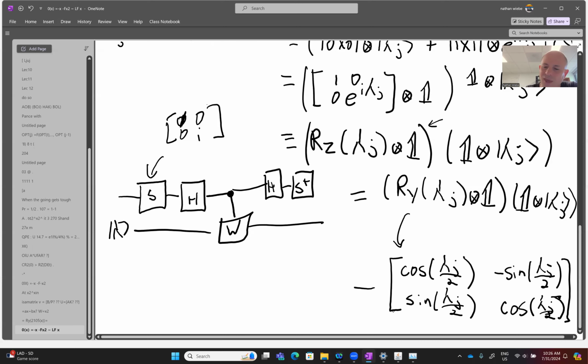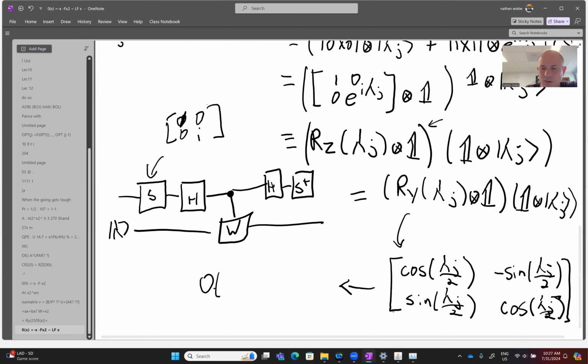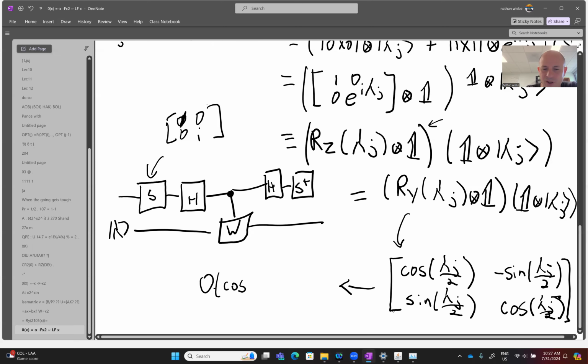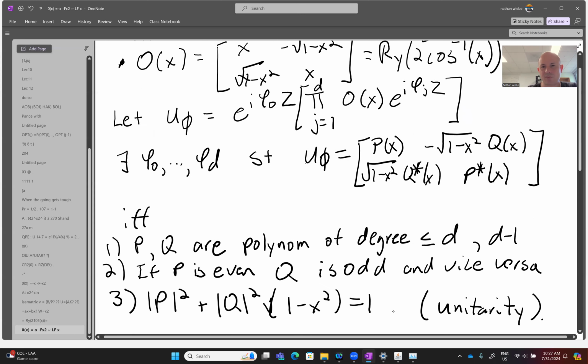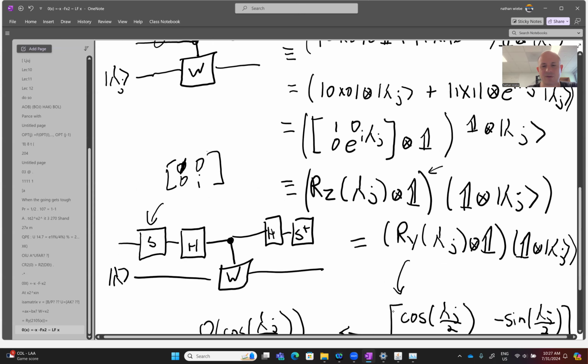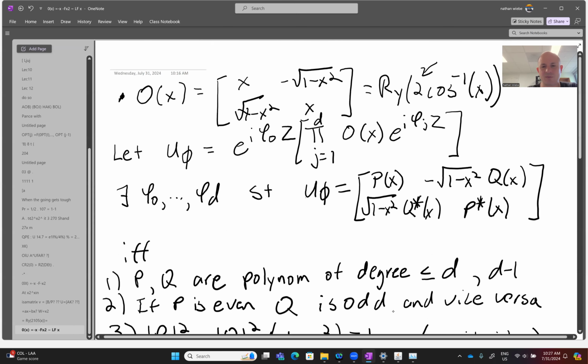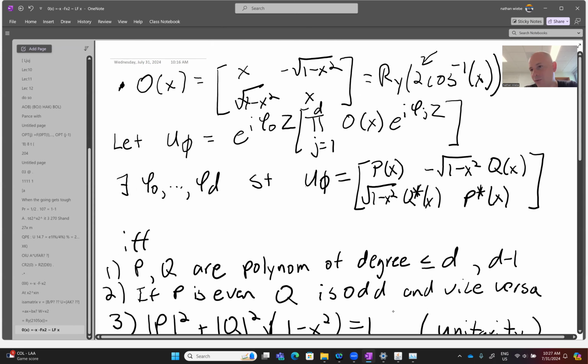So using our previous language that we used for quantum signal processing, this actually corresponds to O of cosine lambda j over 2. Okay, so you can see here that we have the exact same form that we were using up here for our quantum signal processing sequences.